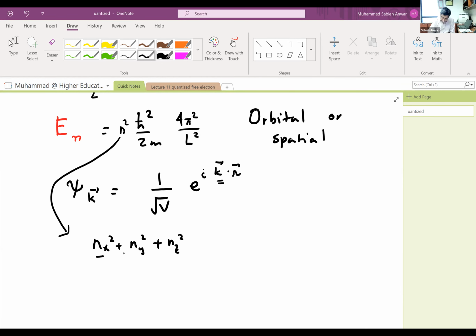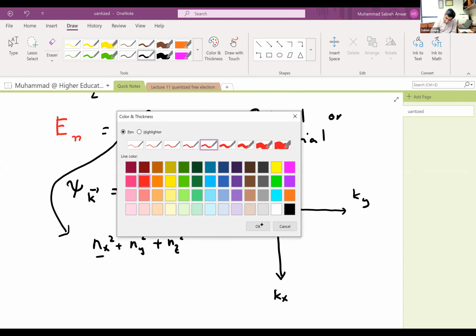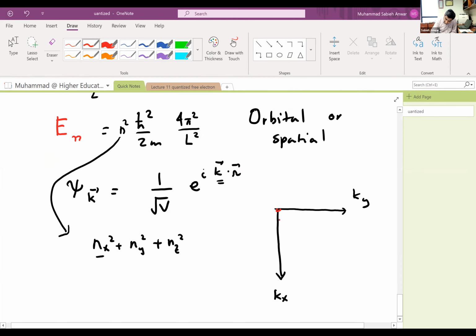So if I were to plot these points in a 2-dimensional plane, I have a kx axis and I have a ky axis. So the allowed values of k along one axis, I've already determined what they are. They are separated by 2 pi over L. It's a cubic solid. Cubic means cubic shape.